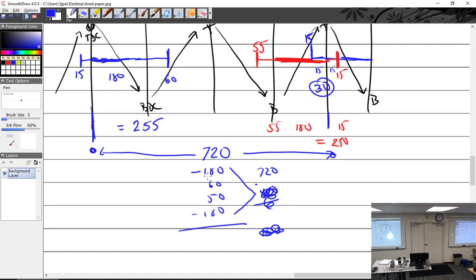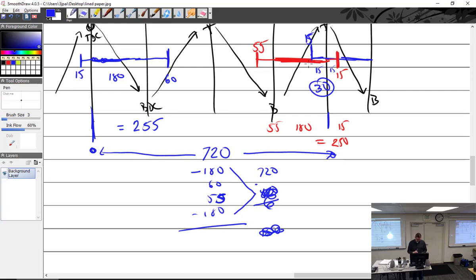Hey, where you wrote 50, that should be 55, because I'm looking at all this going, no, that does not equal 55. Out of 720, we subtract 180 and 60, yes? Correct. And then we subtract 55. And then we have this, which is 180.